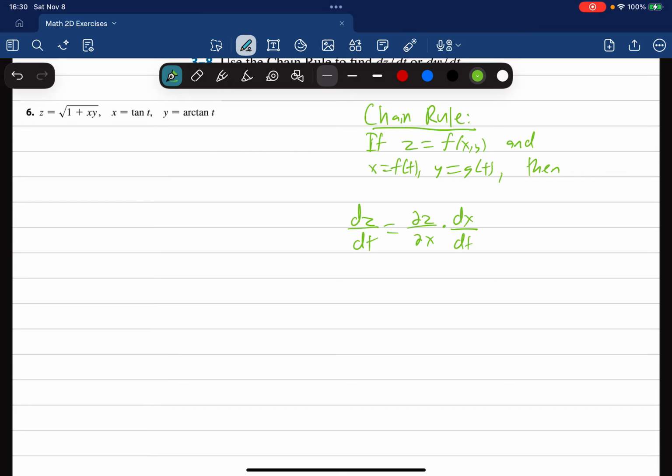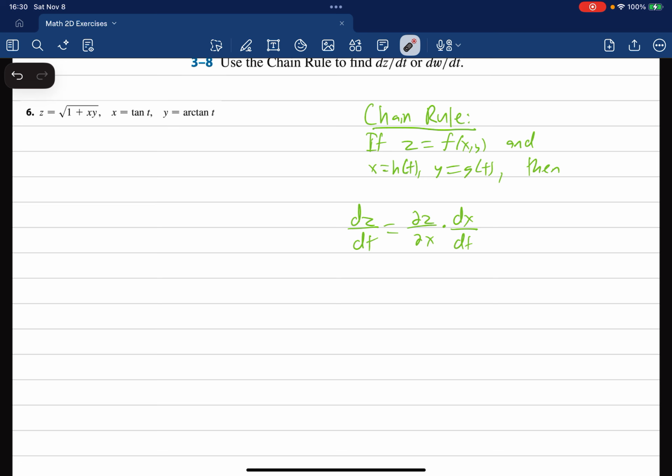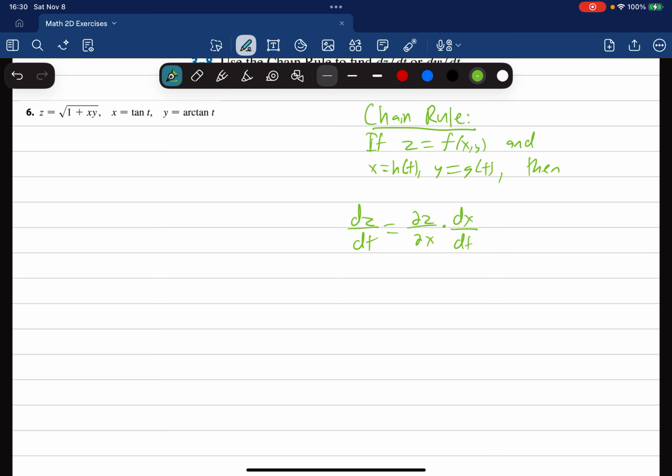And oh my goodness, I just realized this is probably bad notation. Let me change that to an h, because I'm already using f right here. But okay. And then up next, we need to do the same thing, but now we replace x with y, and then it's dy/dt.